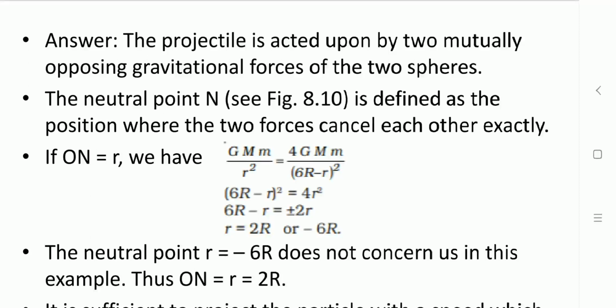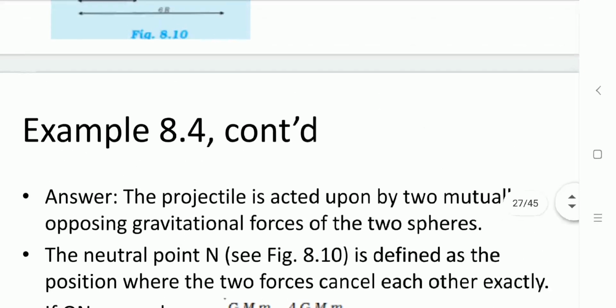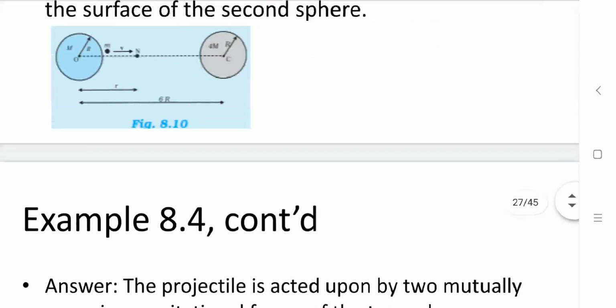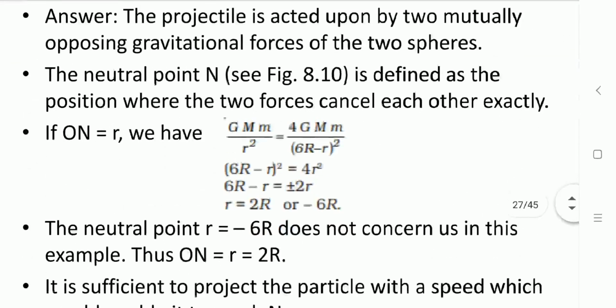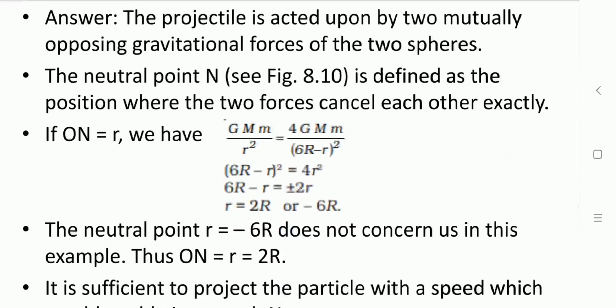It defines the position where two forces cancel each other. So here that is the point N we are taking, where the effect of both the forces is 0. That is ON equal to small r. By equating, GMm by r square equals G 4Mm by (6R minus r) square.